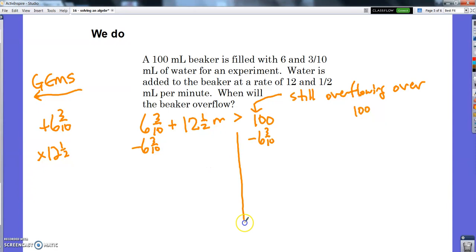And I'm going to get 12.5 per minute is greater than, let's see, 100 minus 6 is 94, minus another 3/10 would be 93 7/10. And then I have to divide both sides by 12.5.